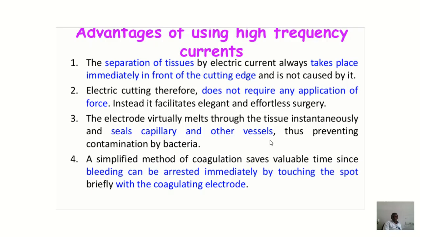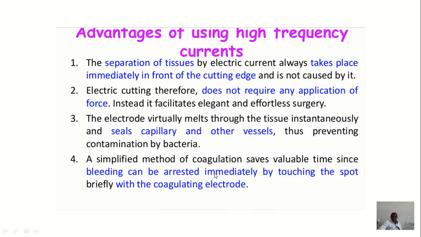A simplified method of coagulation saves valuable time since bleeding can be arrested immediately by touching the spot briefly with the coagulating electrode. We heat the ball electrode and simply touch the bleeding vessel, so that immediately the bleeding at that point is arrested. That is coagulation and the advantage of high frequency current.